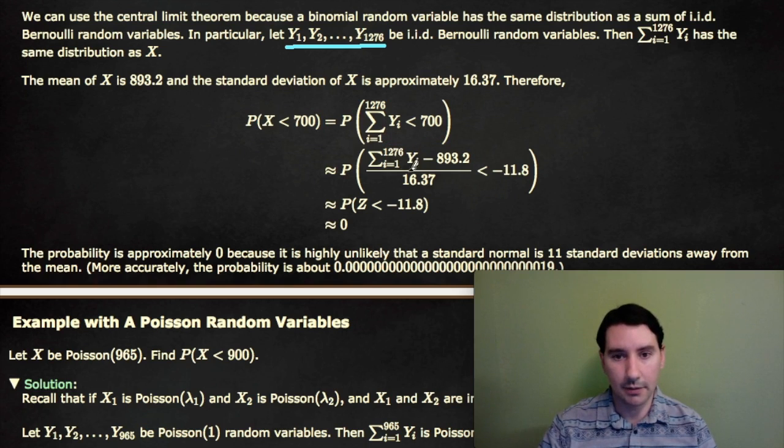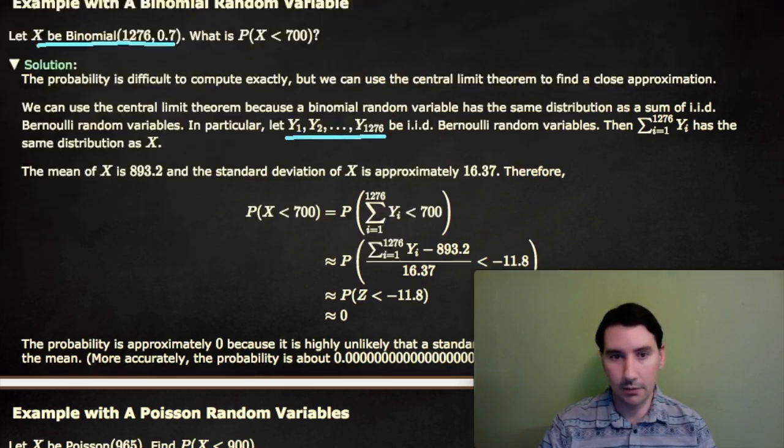And then we can normalize this. So subtract the mean, divide by the standard deviation, and therefore we can approximate this as being a standard normal random variable. But when we subtract the mean and divide by the standard deviation, we must do that to both sides. So we're subtracting 893.2 from 700 and dividing that by 16.37, which leaves us with negative 11.8.